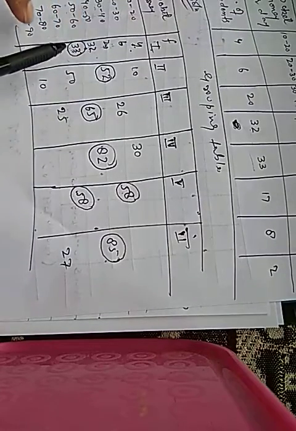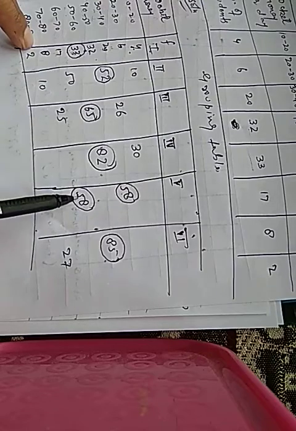The addition of 33, 17 and 8 is equal to 58, and this is the frequency of class intervals 50 to 60, 60 to 70, 70 to 80 in the fifth column.